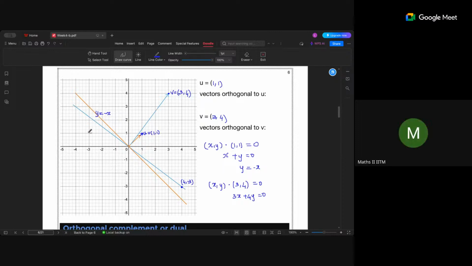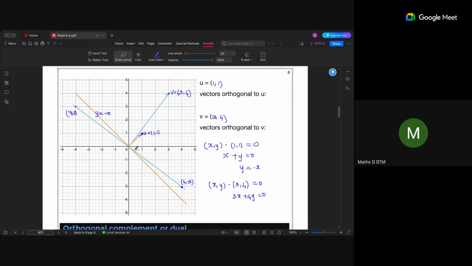What about the point (minus 4, 3)? Does it satisfy the equation? So you see that this line consists of all the vectors which are perpendicular, which are orthogonal, to this vector.